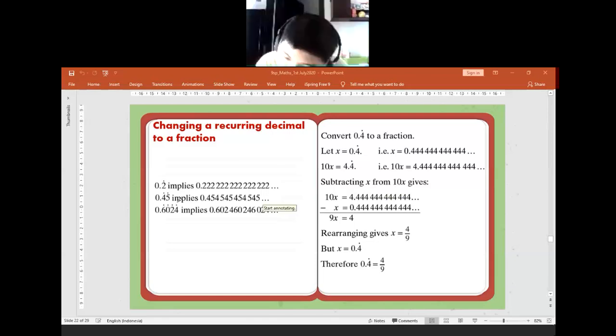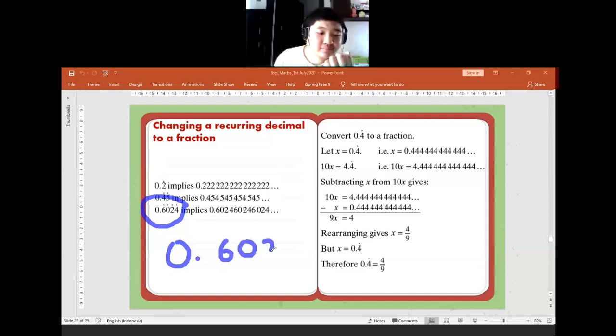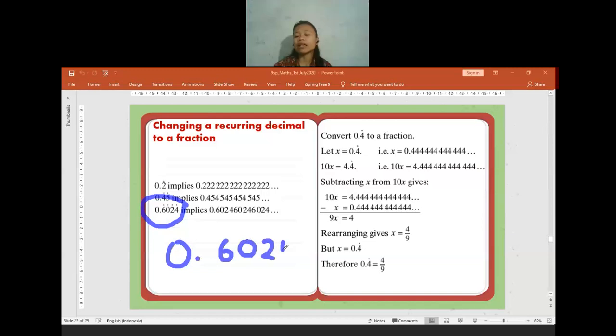If no one asks me any question, in here there are 4 digits that are repeating. Sometimes people don't want to write so many dots, so they will just write it as 0.6024 with a dot only on the very first digit and the very last digit that is repeating.